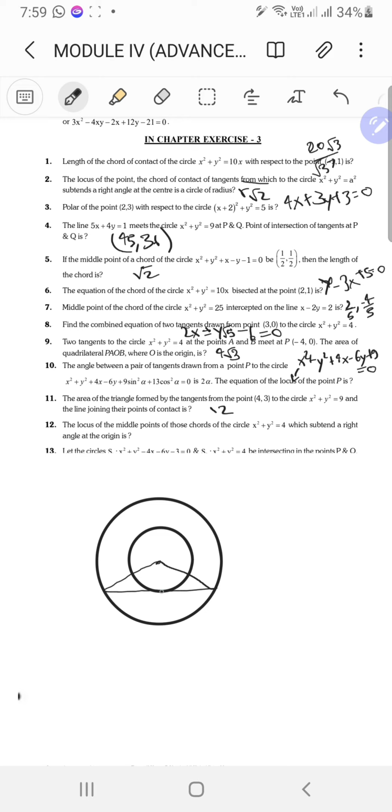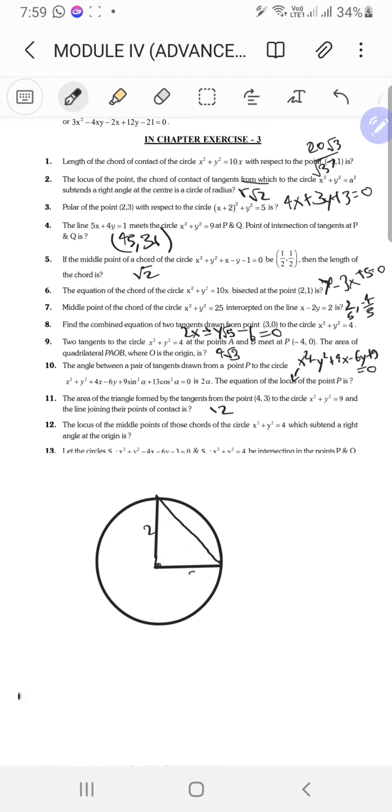Here's the midpoint. This distance is 2, and this angle should be 90 degrees. Oh wait, this does not look like 90 degrees, so let me draw a little better. So this angle is 90 degrees.